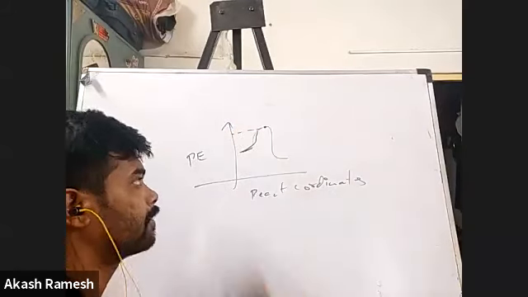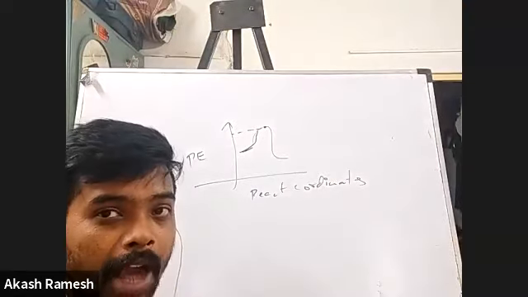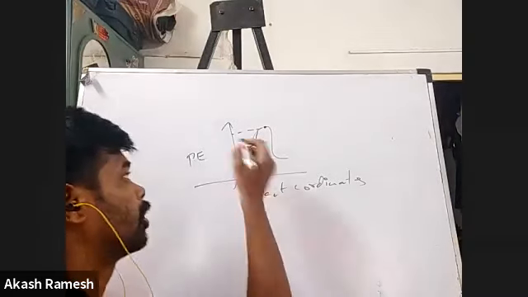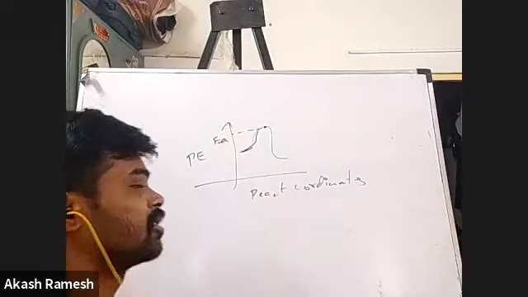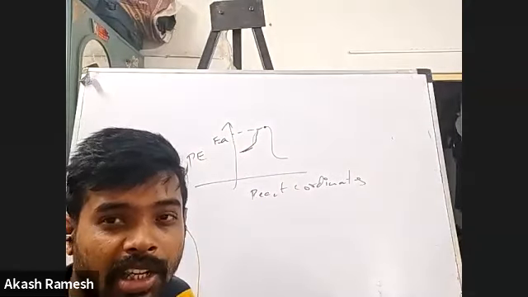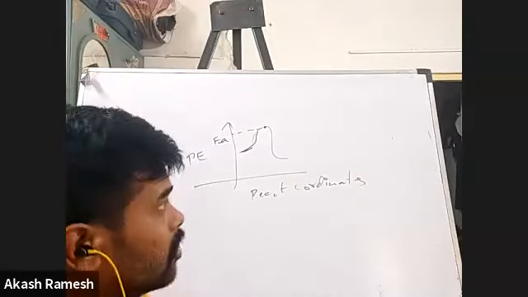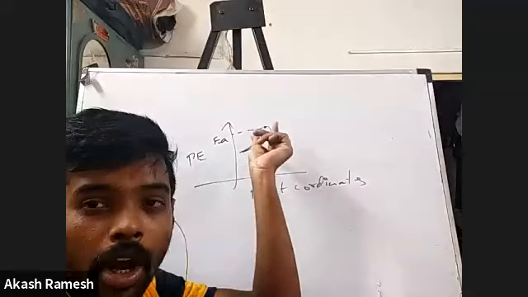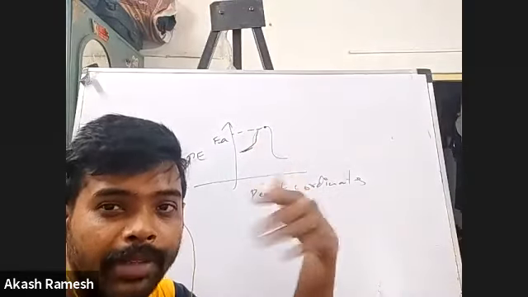Obviously this activated complex will have some energy, and this energy is what is called my activation energy, EA. Once the activated complex is formed, it will start losing energy.